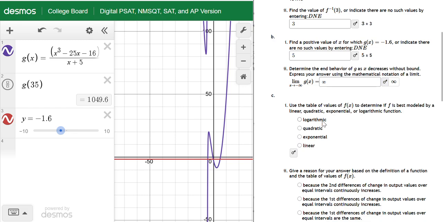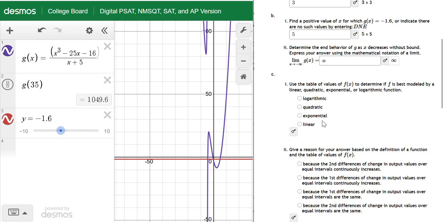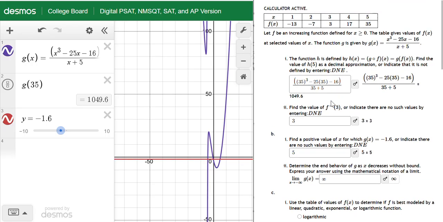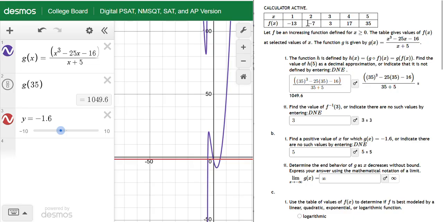And then finally, this is saying use the table of values of f to determine which of these is the most realistic model. And so we can see up here that the numbers are getting bigger and bigger, but they're not growing by a constant amount.